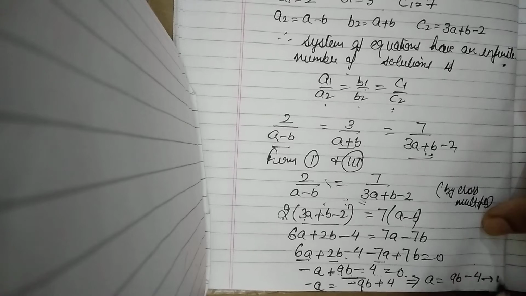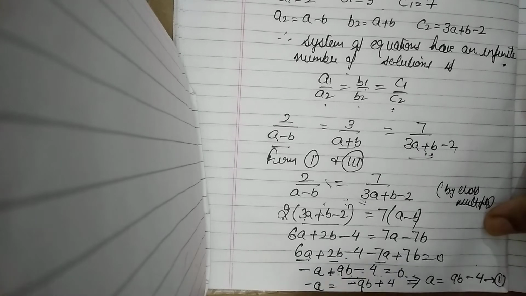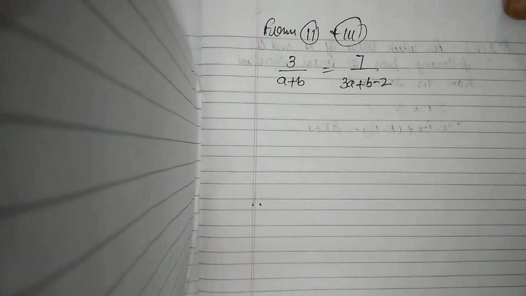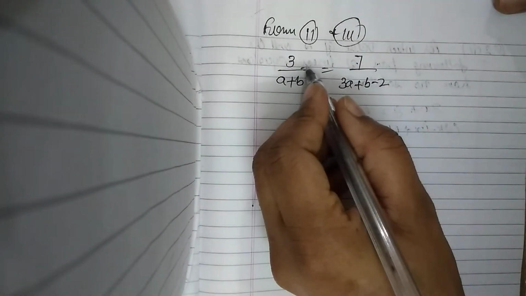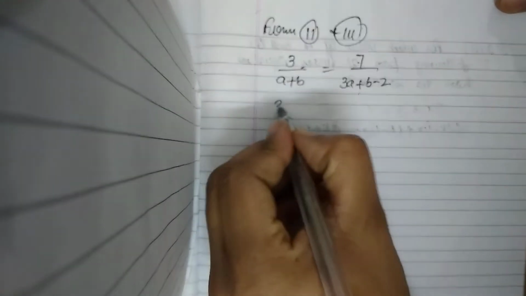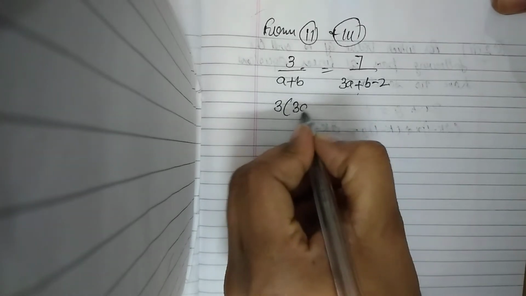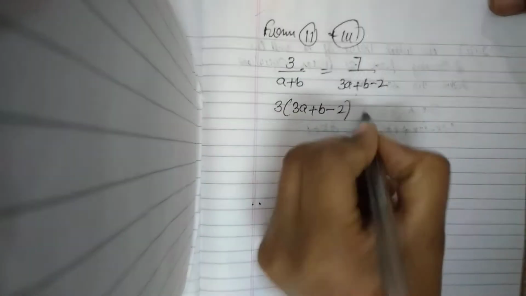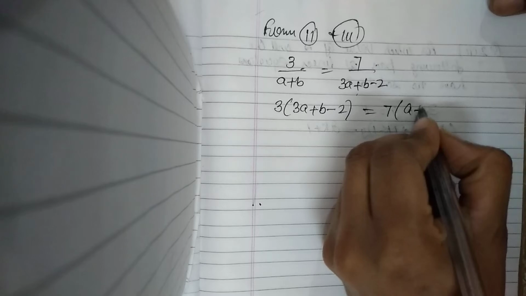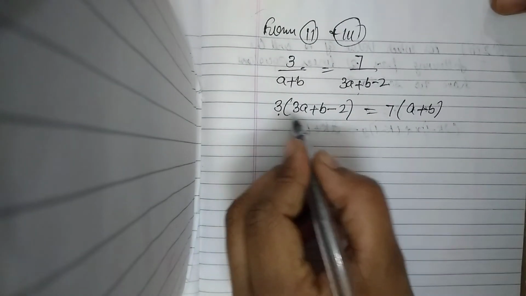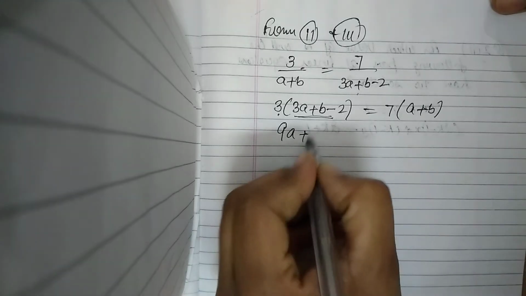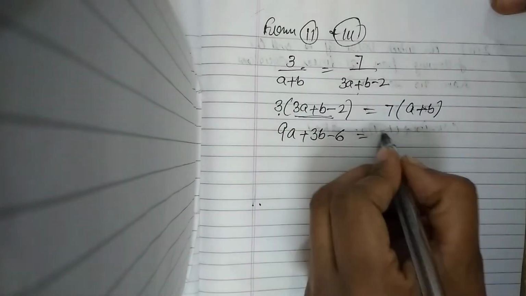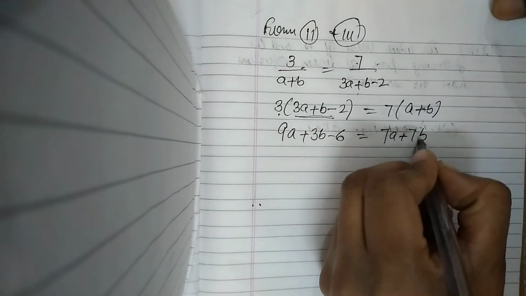Taking this as the first equation. Now from the second and third, again by cross multiplication, 3 multiplied by 3a plus b minus 2 equal to 7 multiplied by a plus b. Now 3 is multiplied by each term, that is 9a plus 3b minus 6, equal to 7a plus 7b.